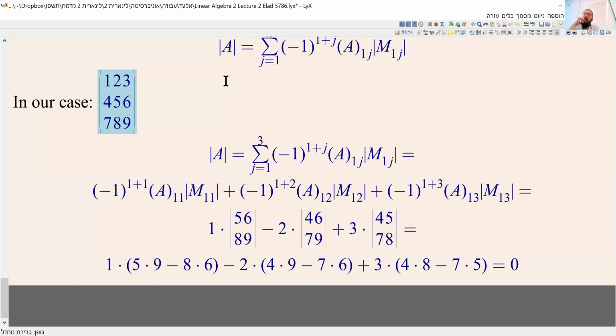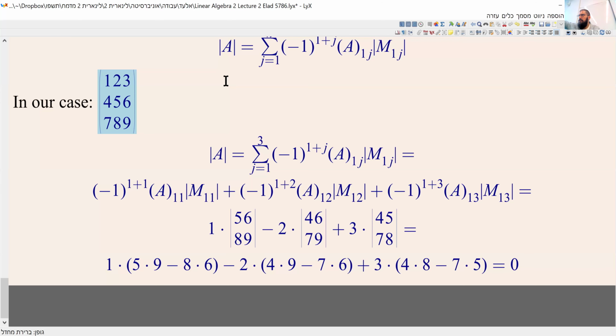If you choose the rows and columns to use correctly, you can calculate very quickly the determinant of even 10-on-10 matrices.